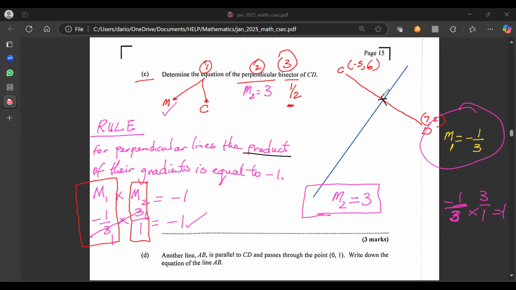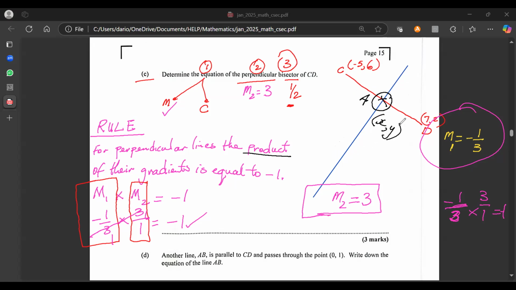But here is my question to Yediah. Yediah, what are the coordinates of that midpoint? Let's call it point A. A coordinate has an X value and a Y value, Yediah.